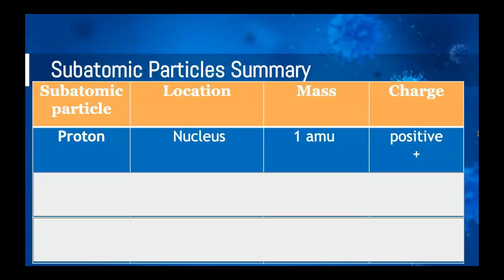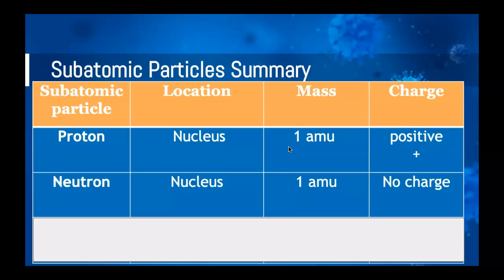It's just not going to work. So what scientists did was they created a new system of measurement. They just said, all right, fine, let's make life easier on ourselves, and we're going to say the mass of a proton is 1, and we'll just compare everything to protons. And so if you have 5 protons, you have a mass of 5, and that AMU stands for atomic mass units. All right? So the charge on a proton is positive, the mass is 1.